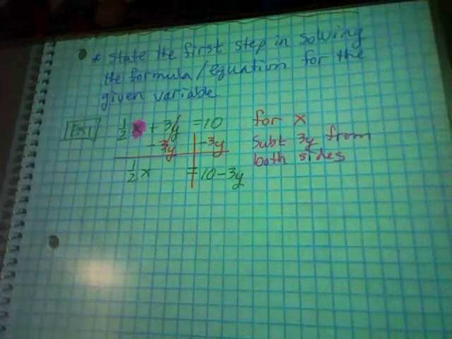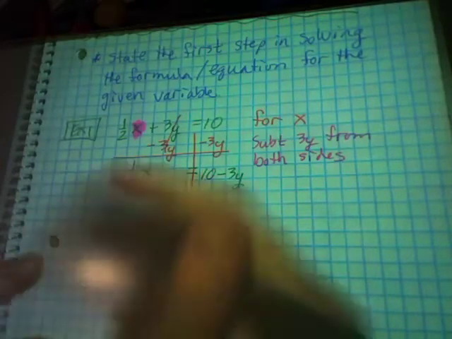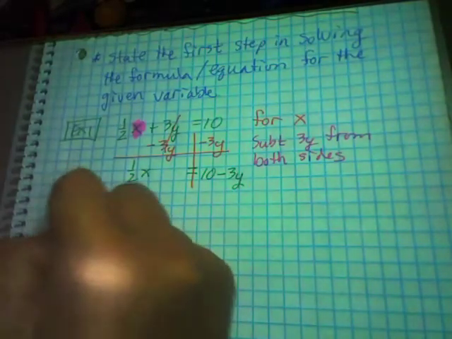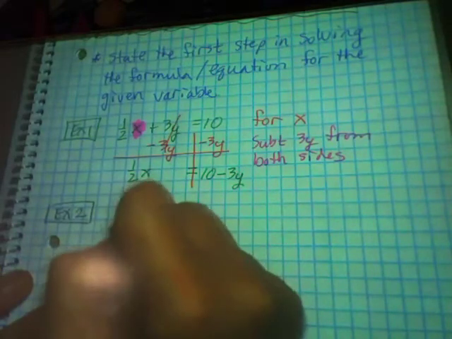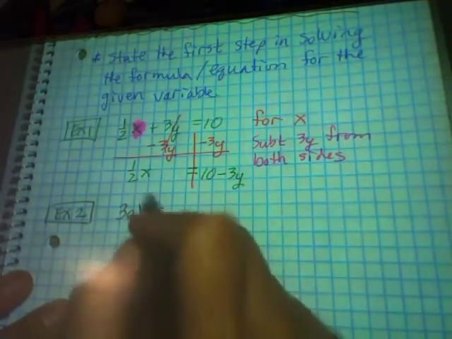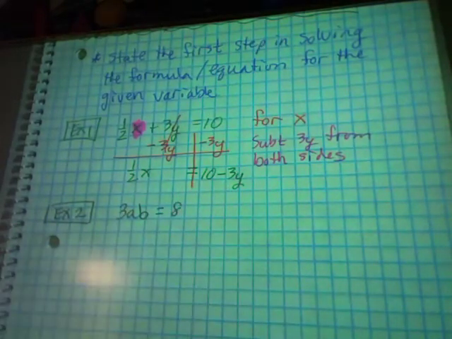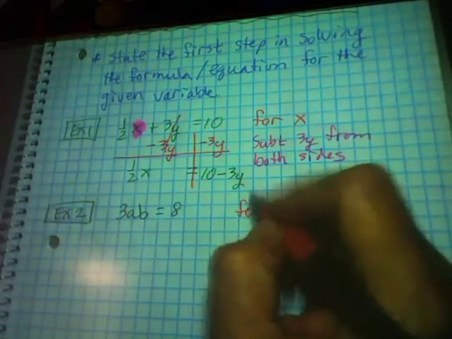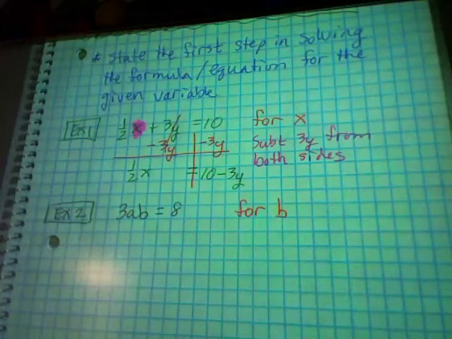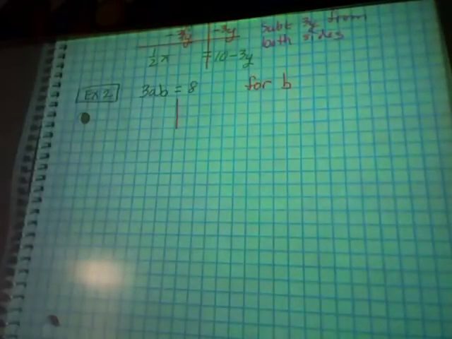Okay, let's look at example 2. This time I have something fairly simple, 3ab equals 8. And you are solving for b. So again, there's my cut between my left and right side.